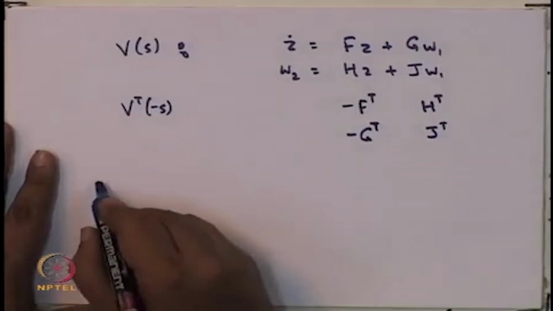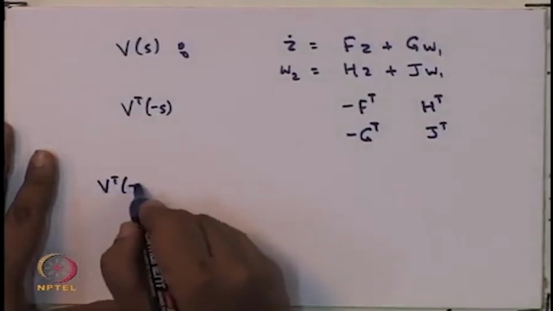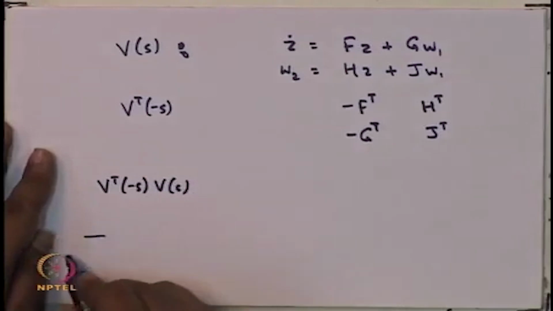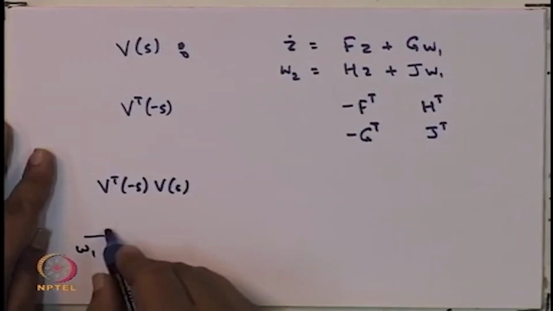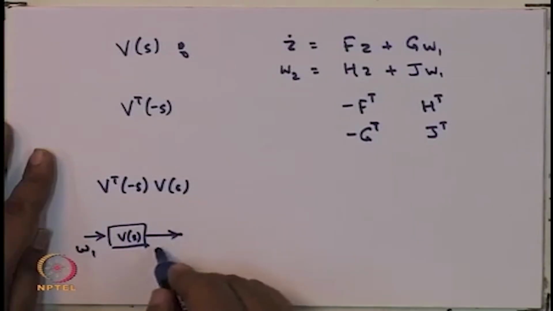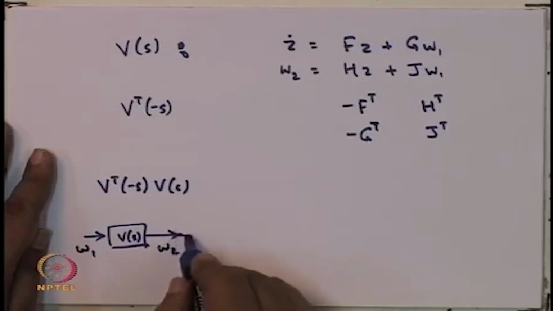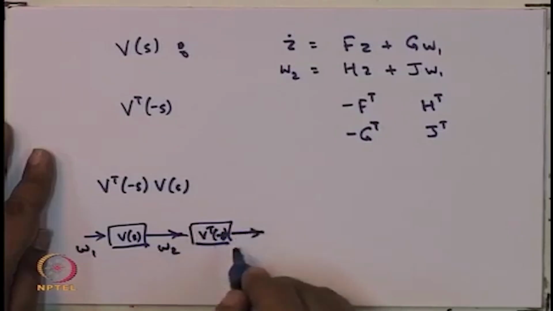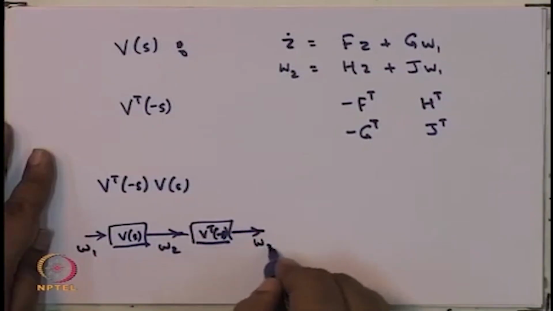But on the left hand side, we were looking at V transpose of minus s times V(s). So, this is like saying that w1 is an input to V of s, and the output of that is w2, but this w2 is the input to V transpose of minus s, and the output of that, let me call it w3.